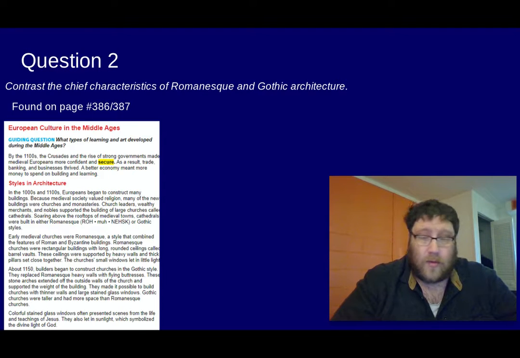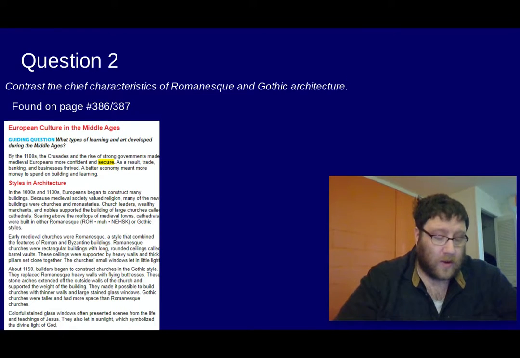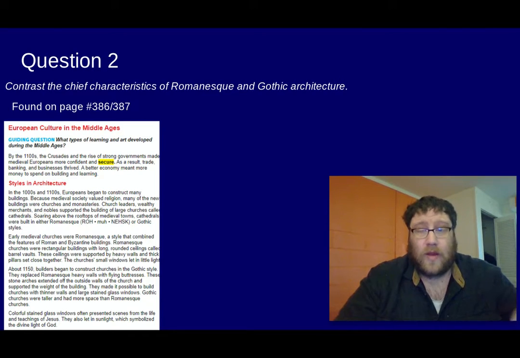And when you talk about the Gothics, you can say how they replaced the heavy walls with flying buttresses, where stone arches extended off the walls of the church to support the weight of the building. You can also talk about how the Gothic churches had much more space.